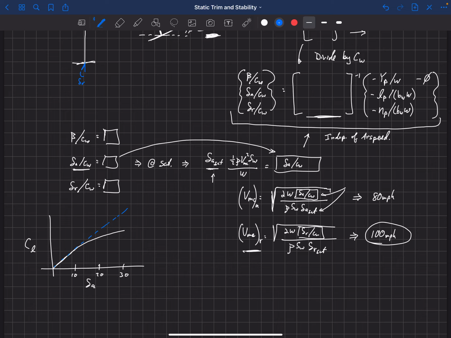That's okay as long as we know the mapping. So this delta A sat, for example, we treat as a mapping back to a real aileron deflection that is not necessarily a linear relationship.